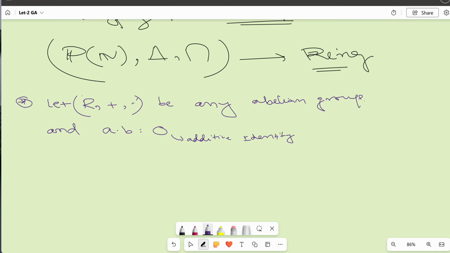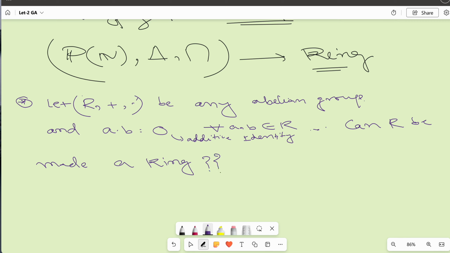So for every A comma B inside R, can R be made a ring? This is my question.